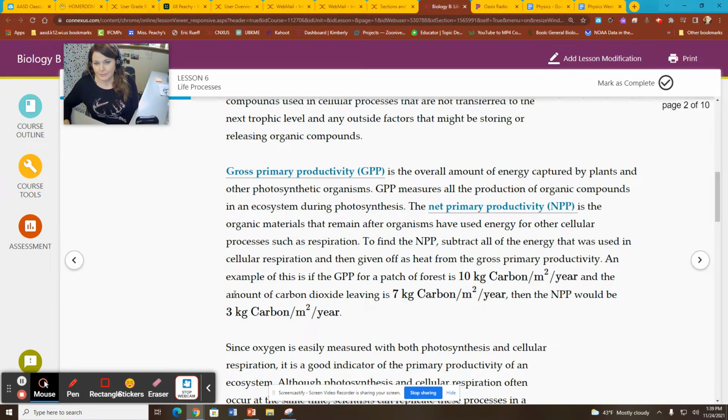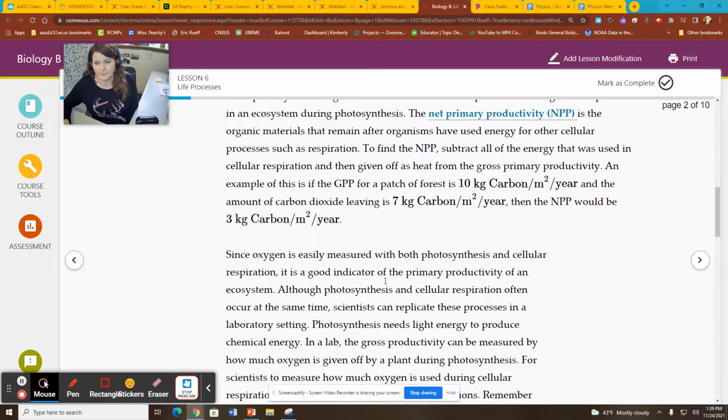And the amount of carbon that is basically used is 7 to do all their metabolic functions through respiration. What's left over is 3, and that 3 is what we call the net primary productivity. So it's just a really simple arithmetic problem.